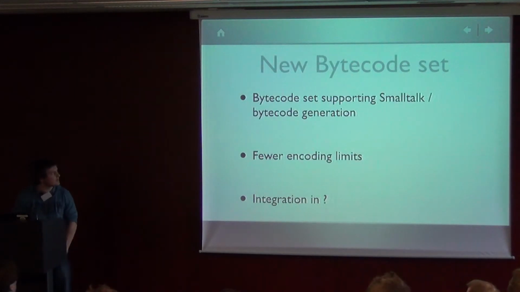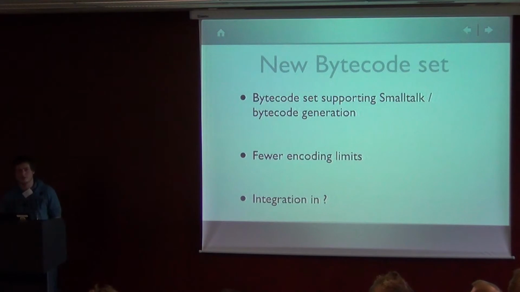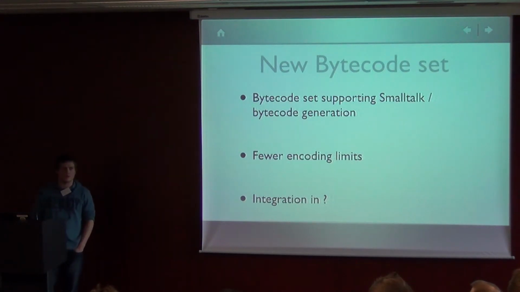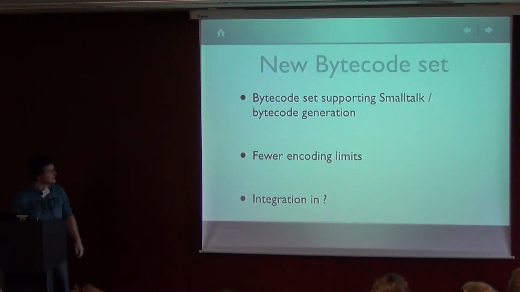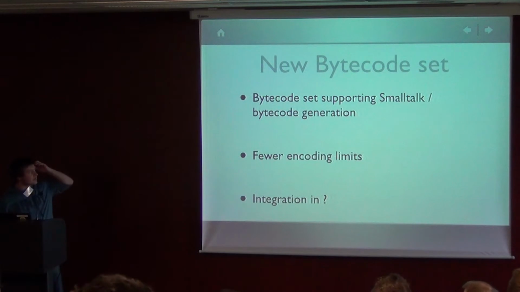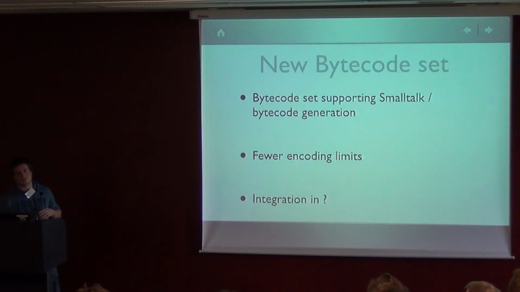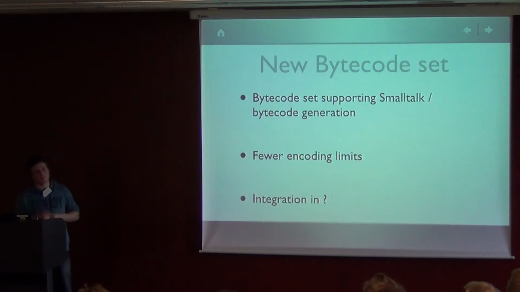And the last thing is, with Eliot Miranda, we are adding a new bytecode set in Pharo. It's the same thing: if the release is in July, it will probably be in the release, else it will not. The main difference is that this bytecode set allows you to generate Smalltalk source code or bytecodes easily. The problem right now is that if you write a code generator that generates Smalltalk source code, you will probably encounter compilation limits.